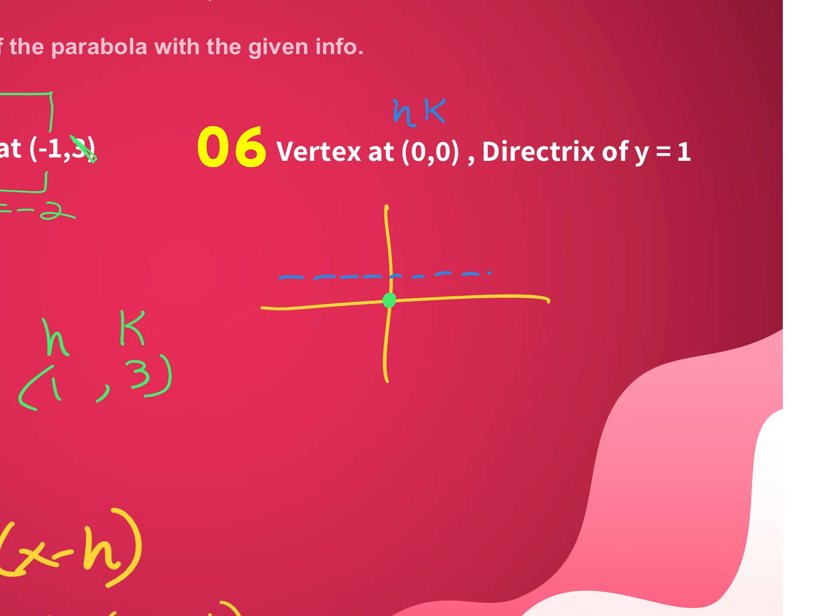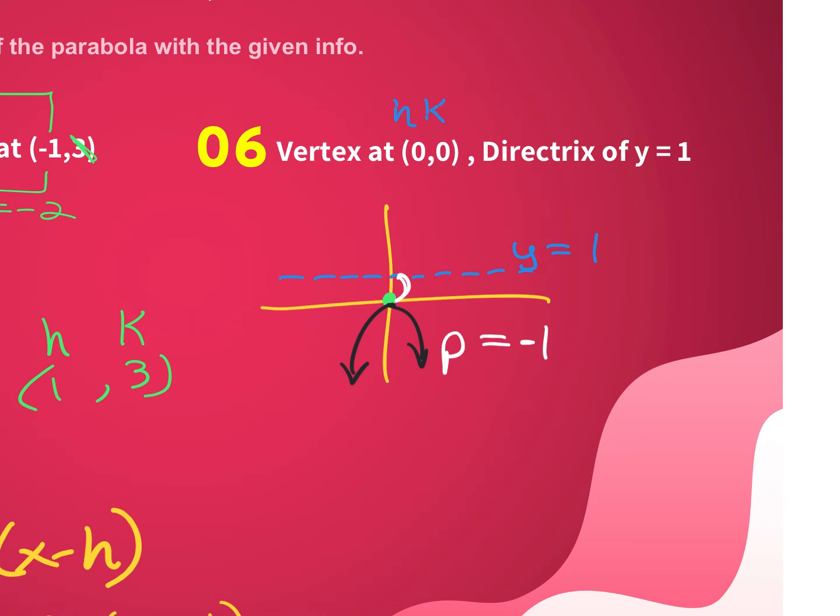So it's right here, this line going through here. Now, to find the p-value, I have to figure out how many spaces away the vertex is from the directrix, and you can see it's 1 space away. So my p-value is going to be 1. Actually, it's -1, because remember, in the graph of your parabola, the directrix is always behind the parabola.